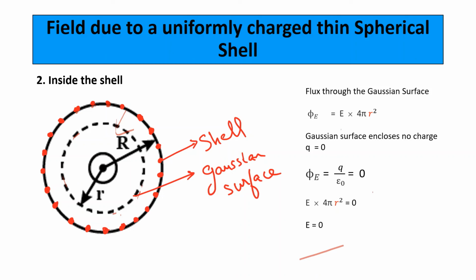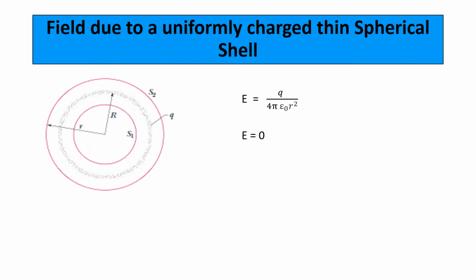It is 0. For a spherical thin shell, we considered a point outside the shell and inside the shell. Inside, you found electric field to be 0. And outside, the expression for electric field is Q by 4 pi epsilon naught r squared.